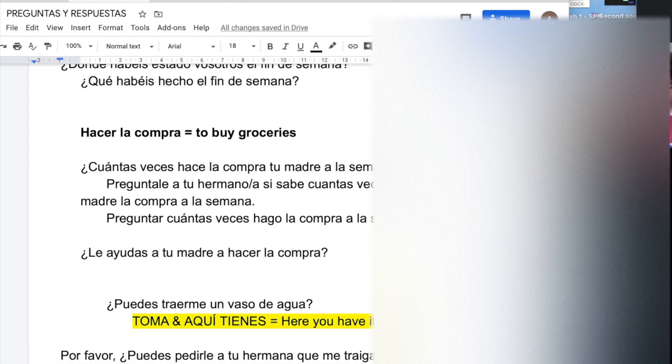Una vez en la semana. Muy bien, sí. Vale, Finn, pregúntame, por favor, cuántas veces... No, Hannah, pregúntame a mí cuántas veces hago yo la compra a la semana.